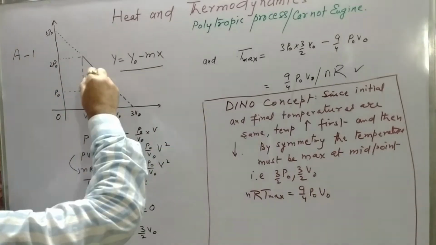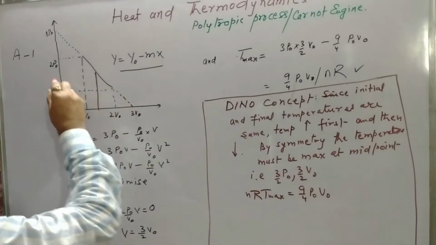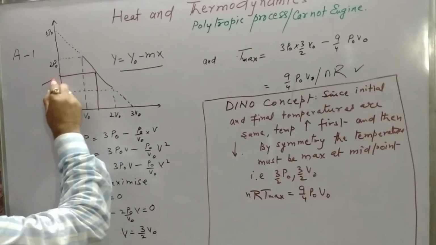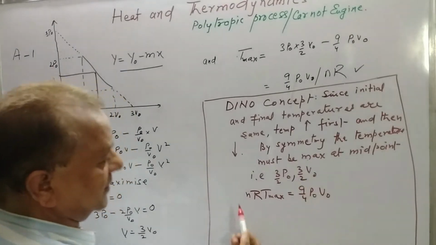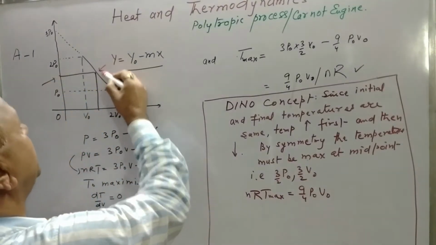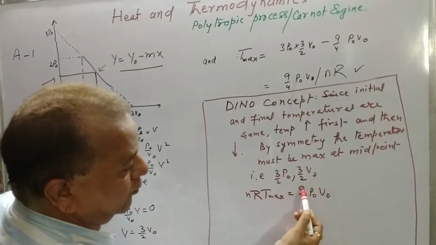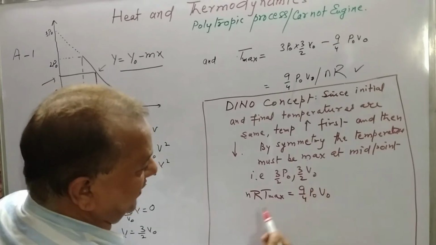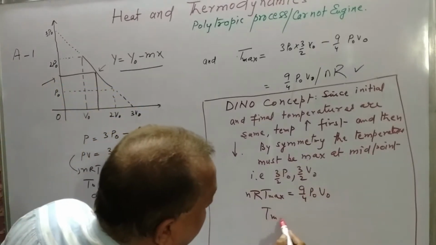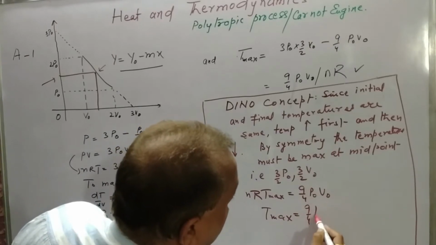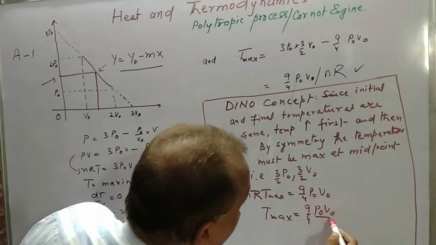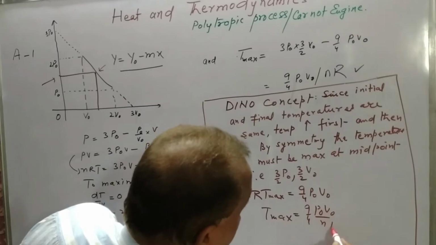What is the midpoint? The midpoint is here, 3/2 P0, 3/2 V0. Therefore, the maximum temperature: nR T max = 9/4 P0 V0, which gives T max = 9/4 P0 V0 by nR.